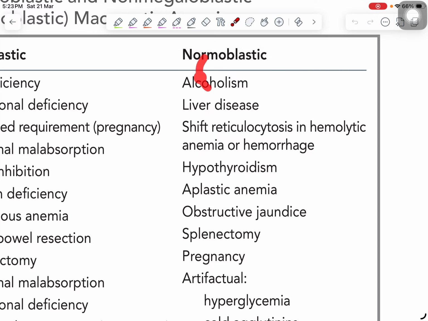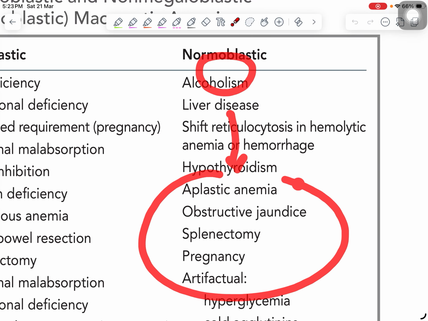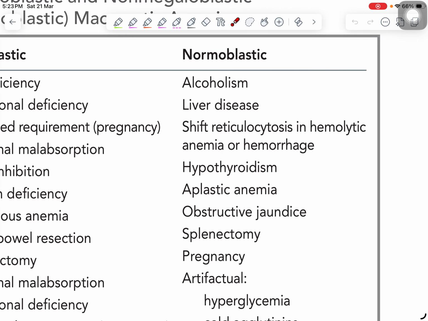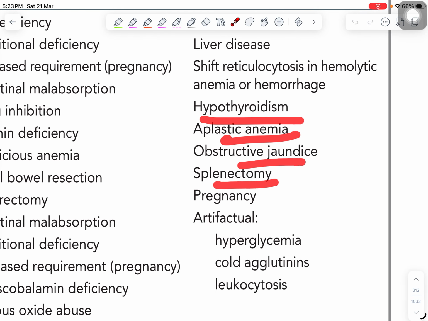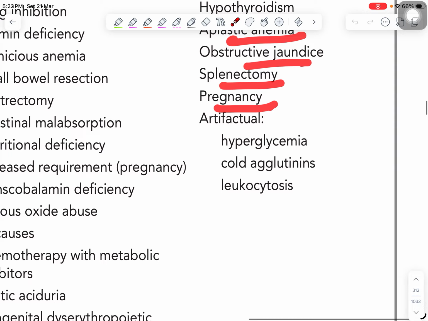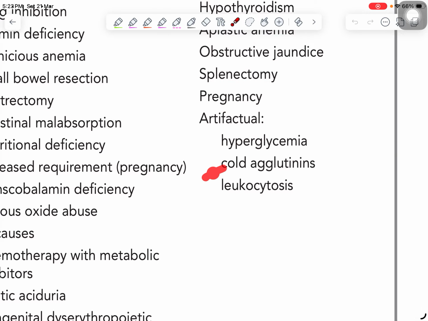Normoblastic macrocytic anemia is caused in alcoholism, liver disease, shift reticulocytosis, where there is an increase in reticulocyte count, hemolytic anemia, hemorrhage, hypothyroidism, aplastic anemia, obstructive jaundice, splenectomy, pregnancy, artifacts like hyperglycemia, cold agglutinin, leukocytosis.